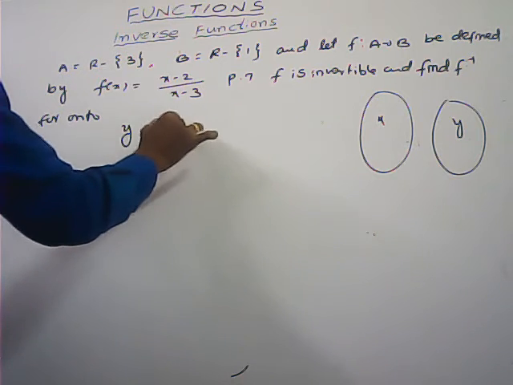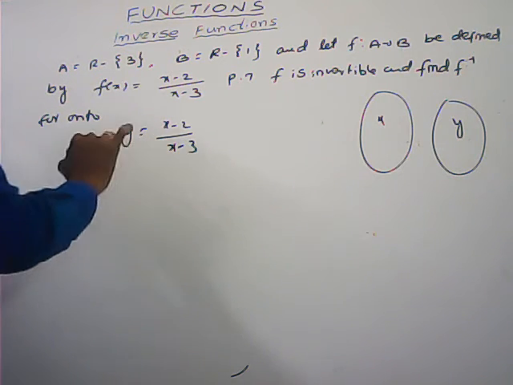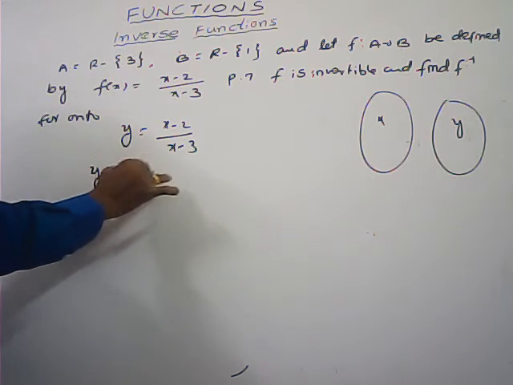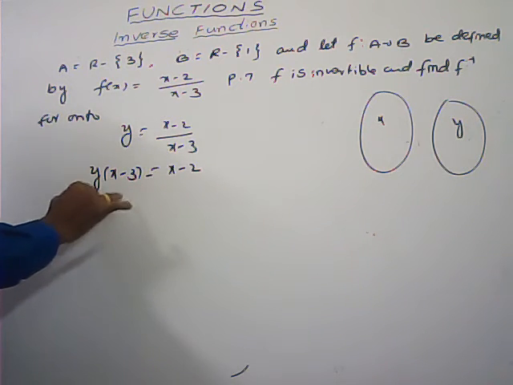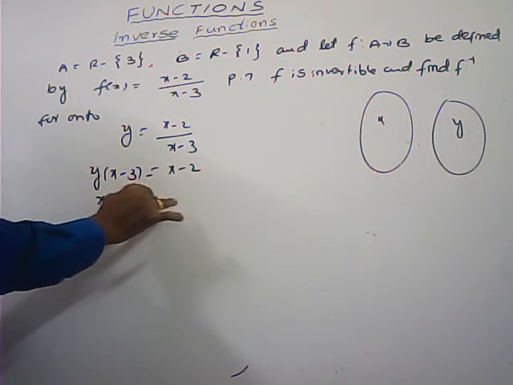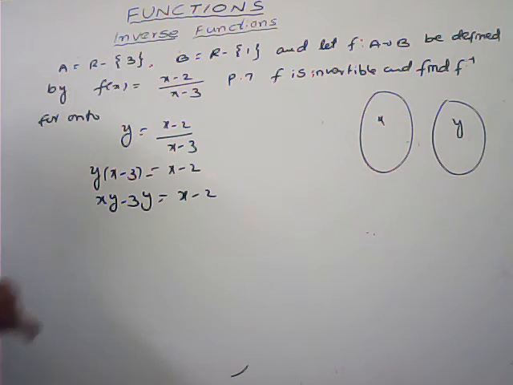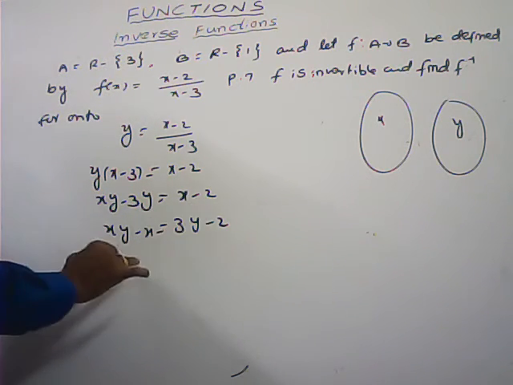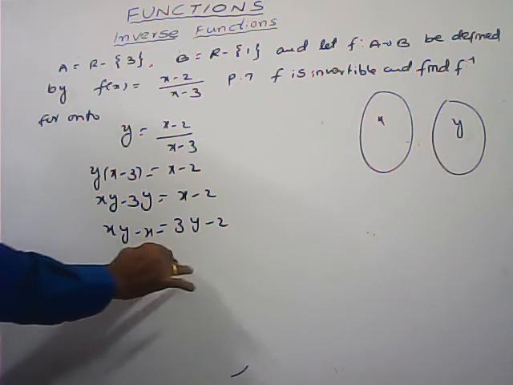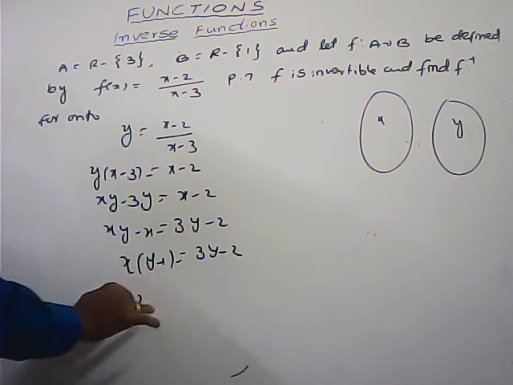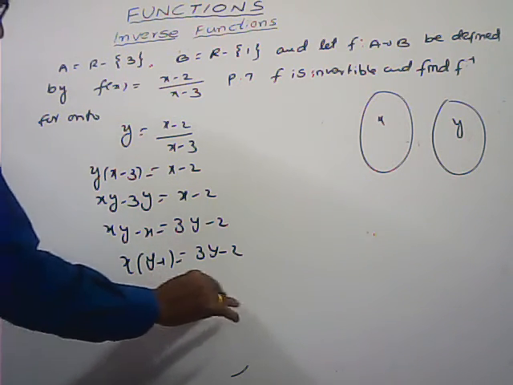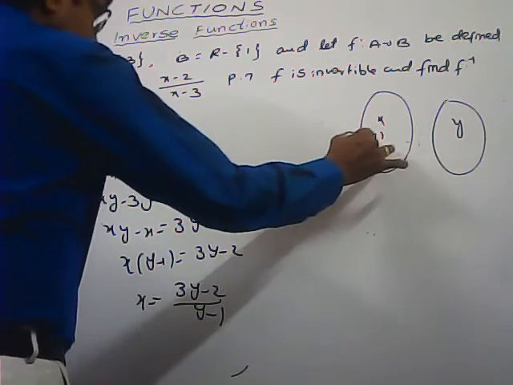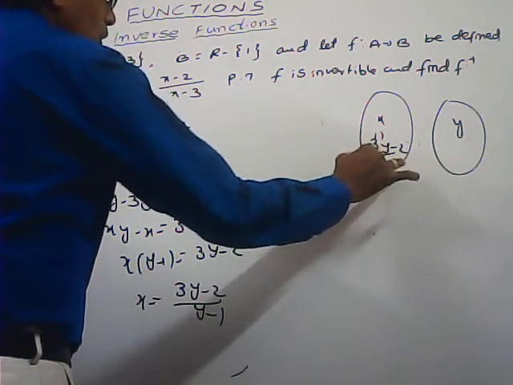y is equal to x minus 2 by x minus 3, and here we can make x as subject. y into x minus 3 is equal to x minus 2, xy minus 3y is equal to x minus 2, and xy minus x is equal to 3y minus 2, x into y minus 1 is equal to 3y minus 2, x equals 3y minus 2 by y minus 1.